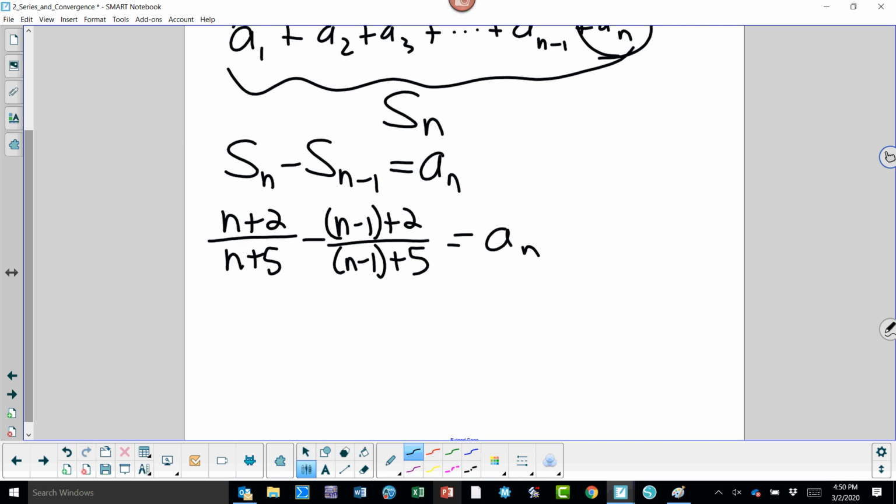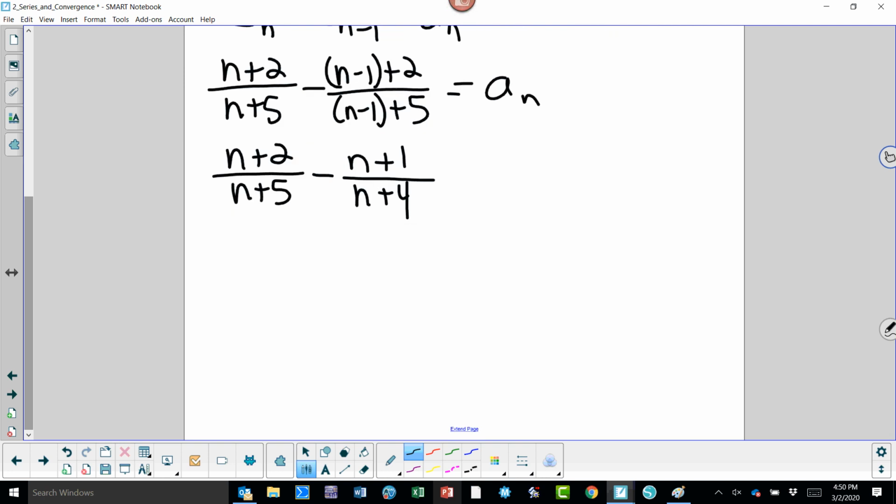So I'm just going to combine this a little bit. This is still n plus 2 over n plus 5. But on this one, I would combine that as n plus 1 over n plus 4. And then I can get a common denominator, which is n plus 4 times n plus 5.